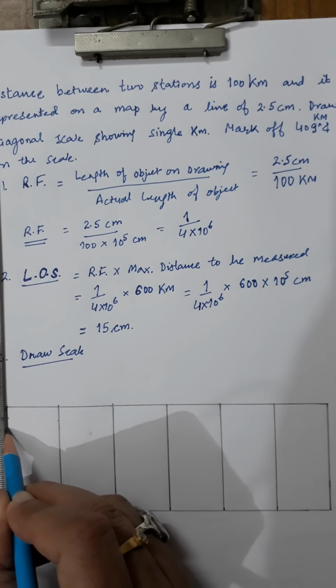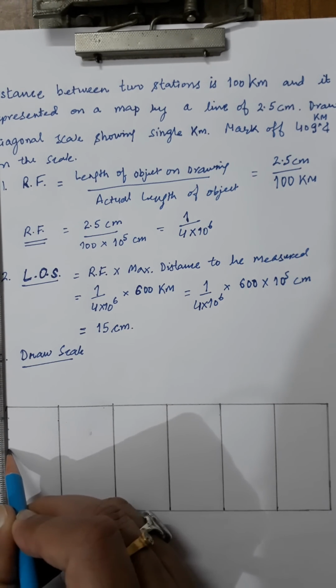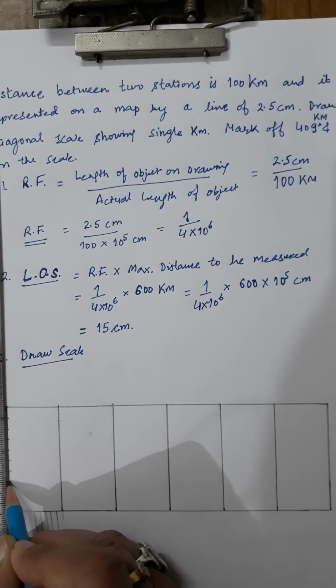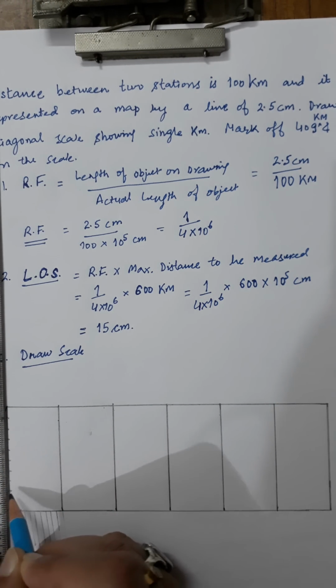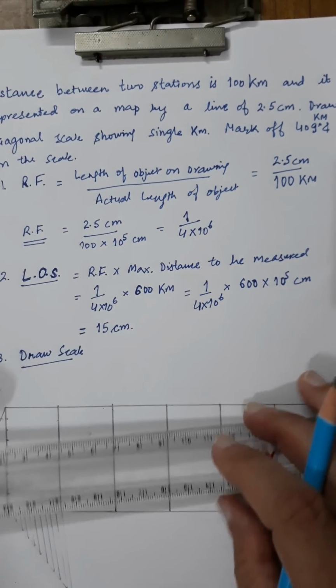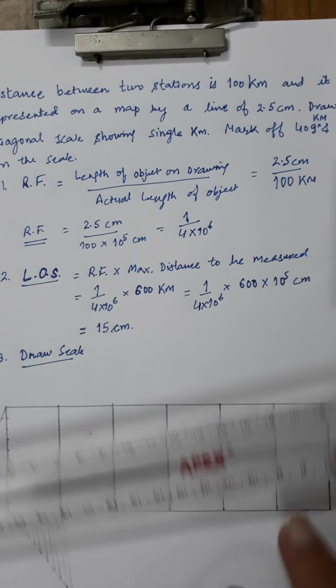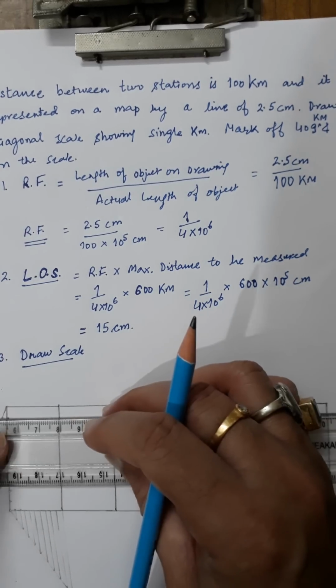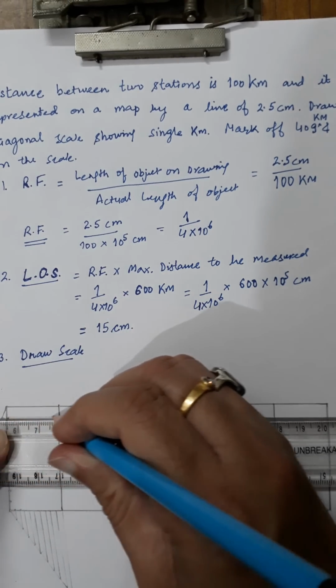5, 10, 15, 20, 25, 30. Okay, so that will save your time as well. But sometimes you may require this, because in this case it was required, but here you can take simply 5 mm each and draw the horizontal lines throughout.